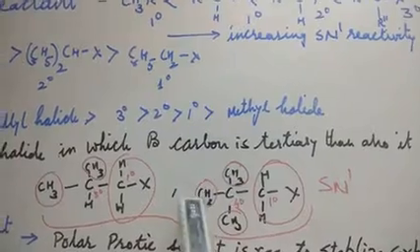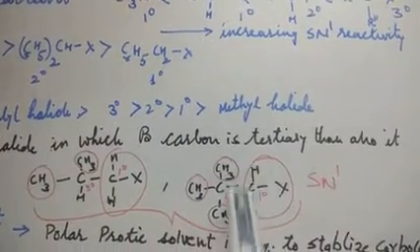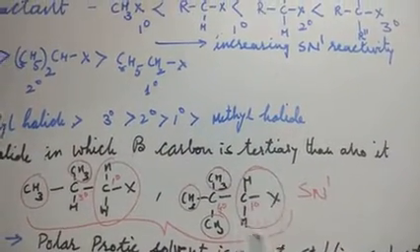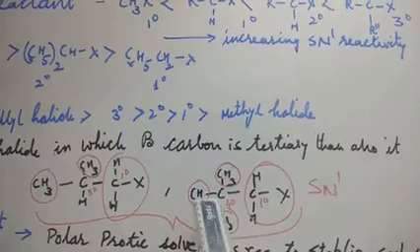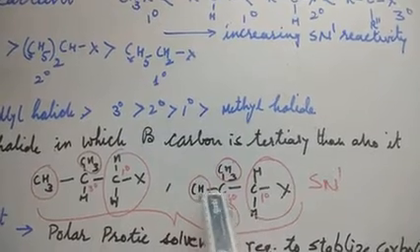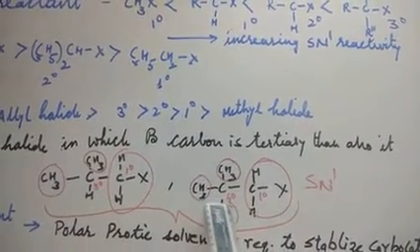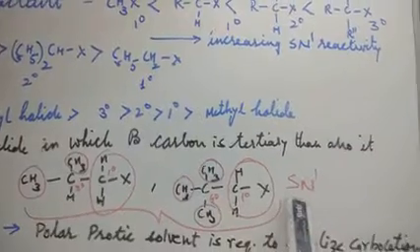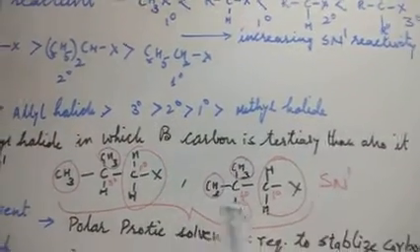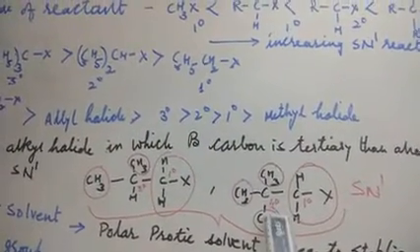One alkyl group, two alkyl groups, three alkyl groups, and this is the fourth alkyl group. So this carbon is a quaternary carbon, 4 degree I have written. That also gives more reactivity towards SN1. So remember these cases also.